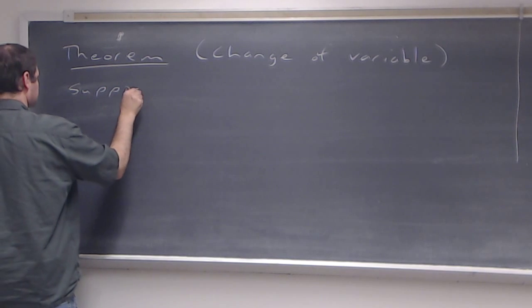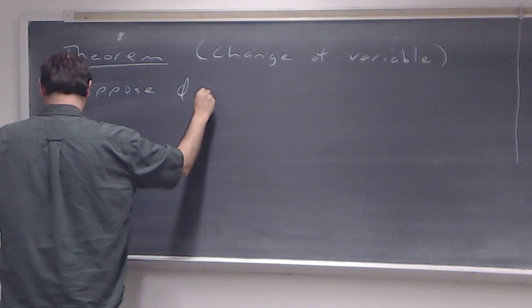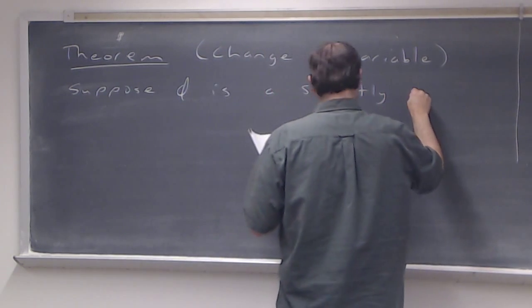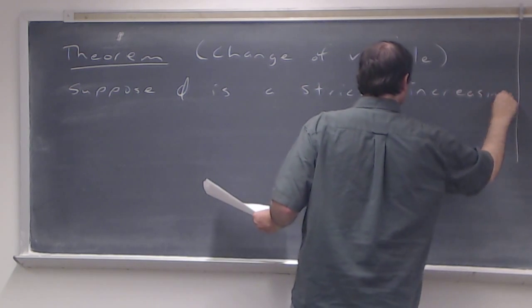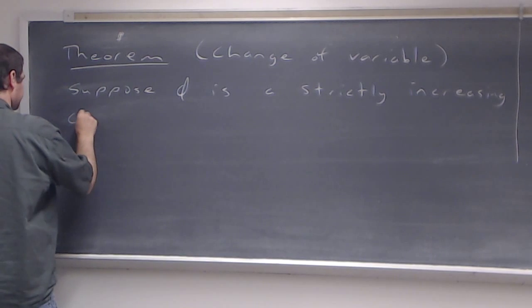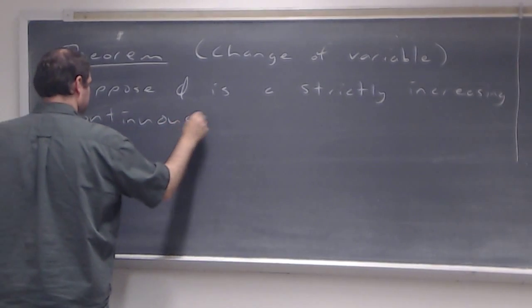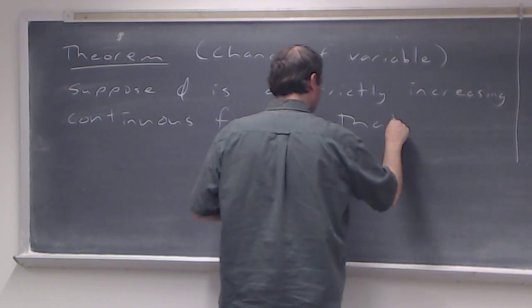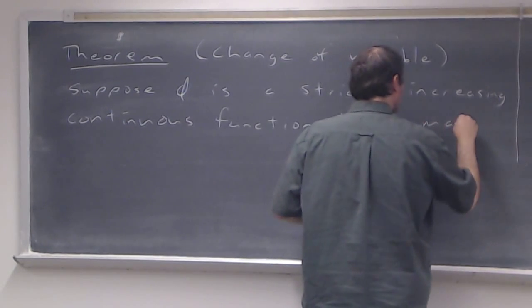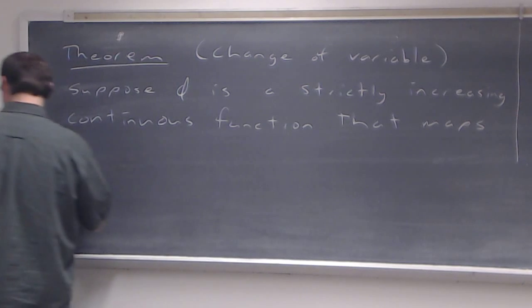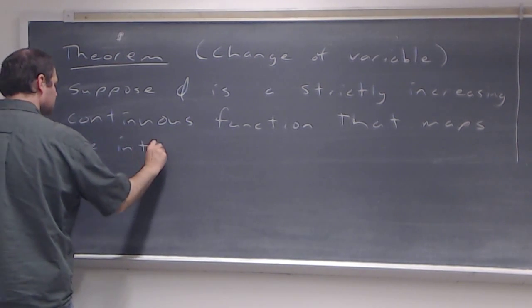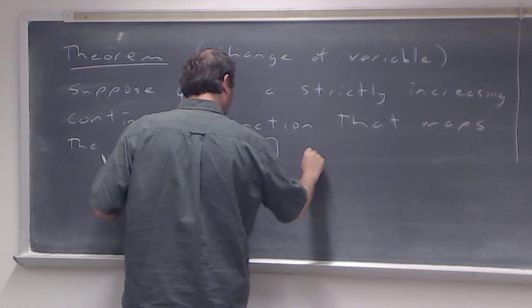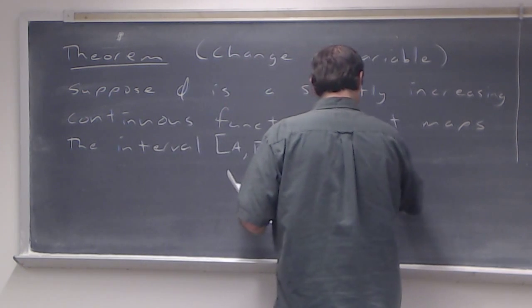Suppose phi is a strictly increasing continuous function that maps the interval capital A to capital B onto little a to little b.